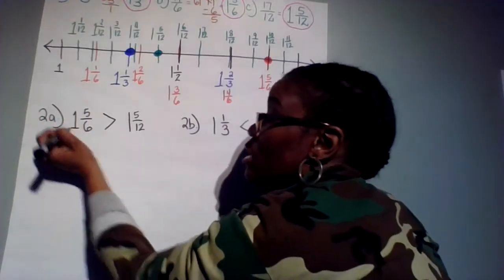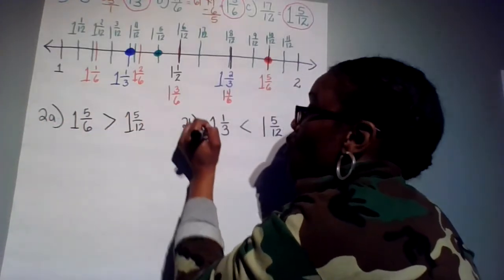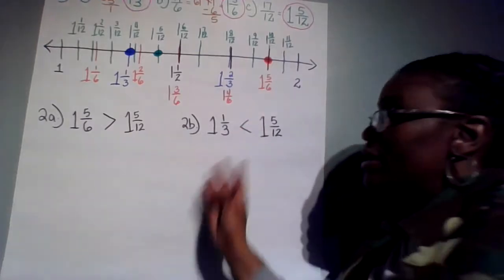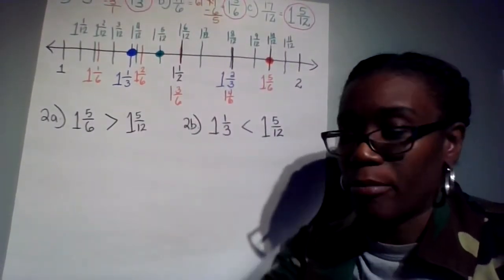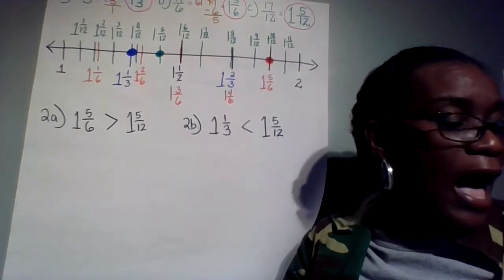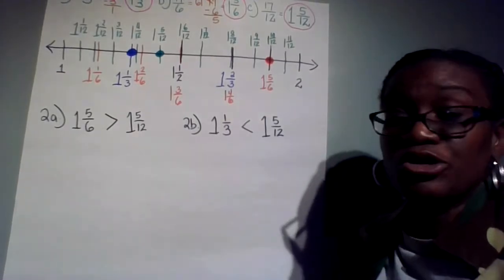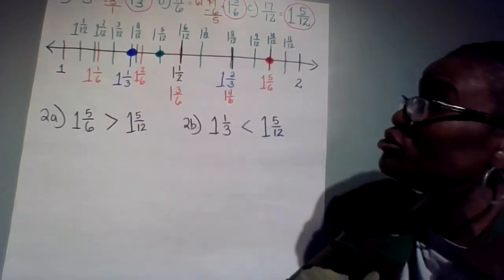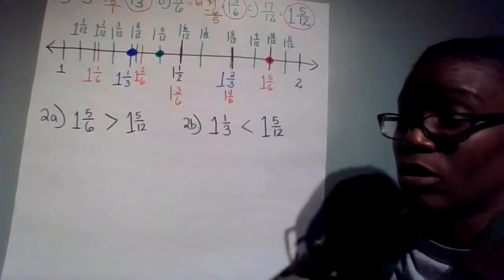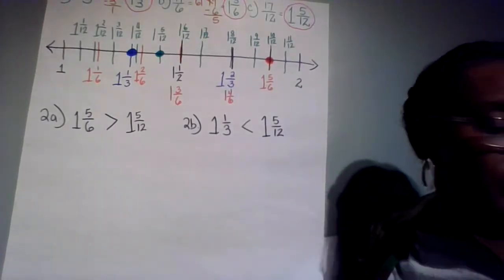So scholars, using our benchmarks and a number line, we just compared mixed numbers. Now we're going to do it one more time, and you'll get to see me do it from the beginning. So let me use my blue marker with this one.